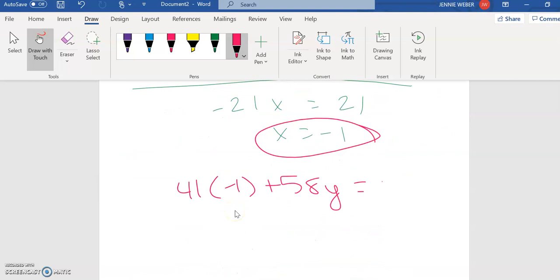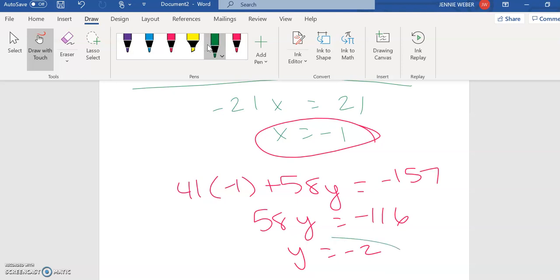There was no other logic to that. Obviously, choose whatever you think is going to be easier. So this is 58y equals, going to add the 41, so it's going to be a -41. So when we move it to the other side, it becomes positive, equals -116 divided by 58, and y equals -2.